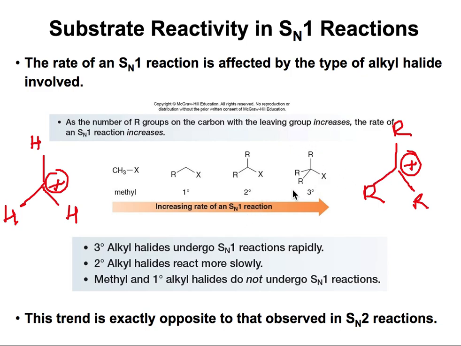A reaction that starts with a tertiary alkyl halide will always go through an SN1 because that carbocation is very stable. But a reaction with a primary alkyl halide is never going to go through an SN1 reaction because the carbocation that would form would be a primary carbocation, and that is a very unstable substrate.